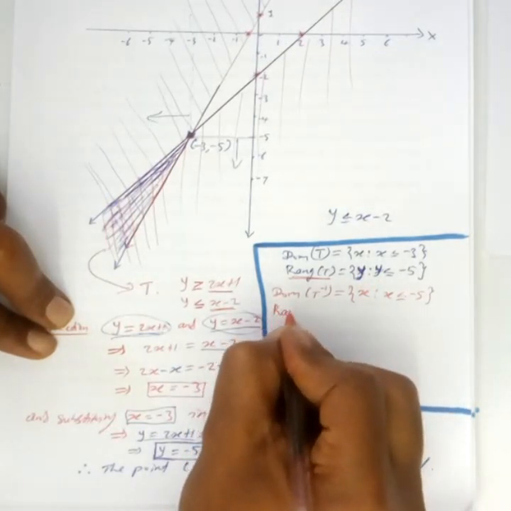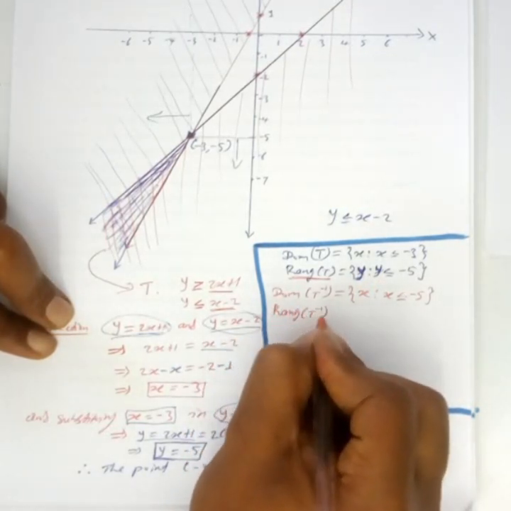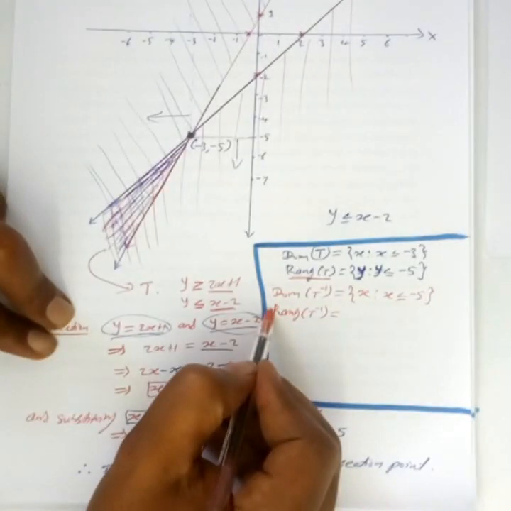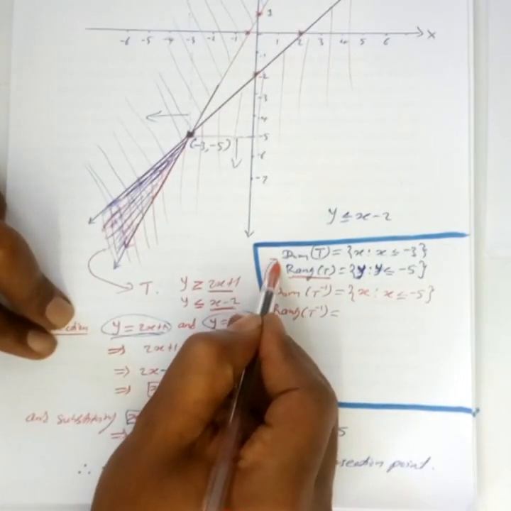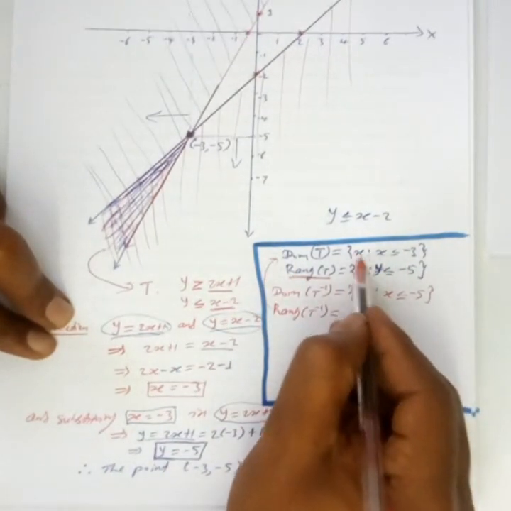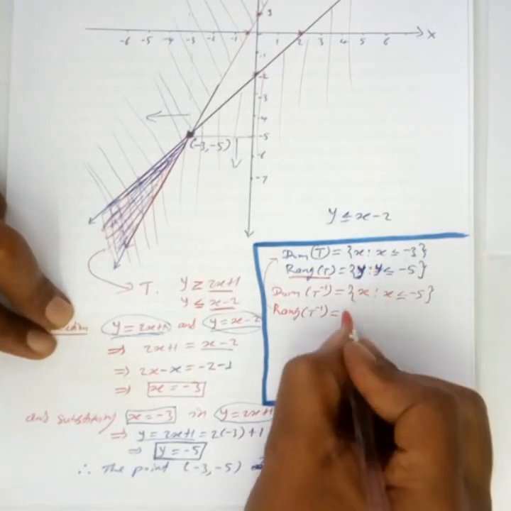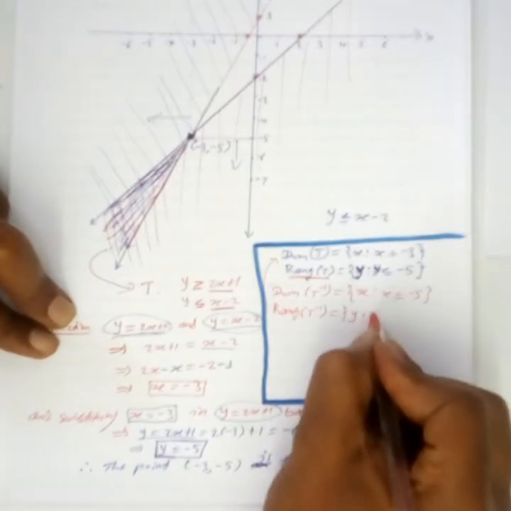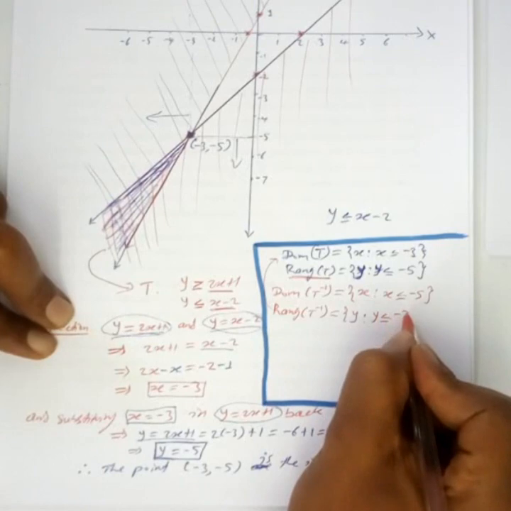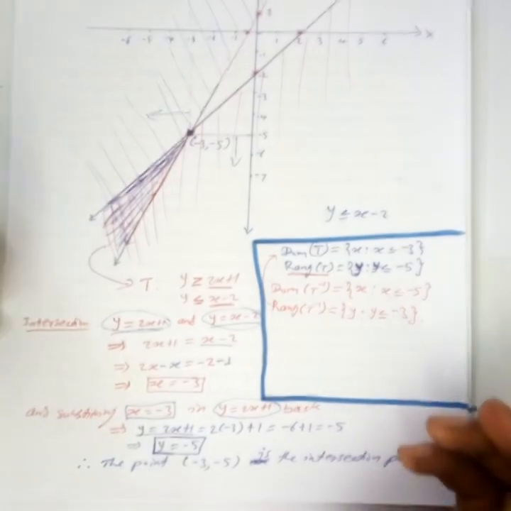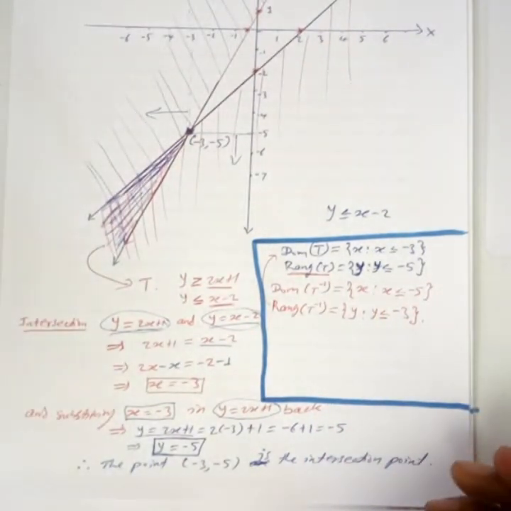Only we interchange the variables. And the range of T inverse is the same as domain of T, which is, we replace x by y, then we have y such that y is less or equals to minus 3.